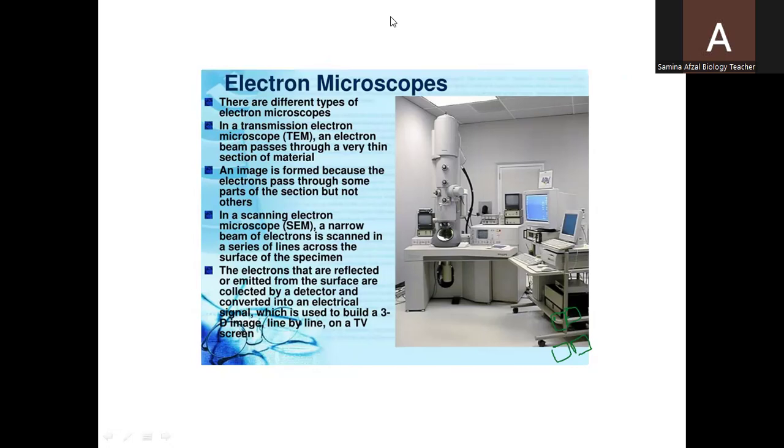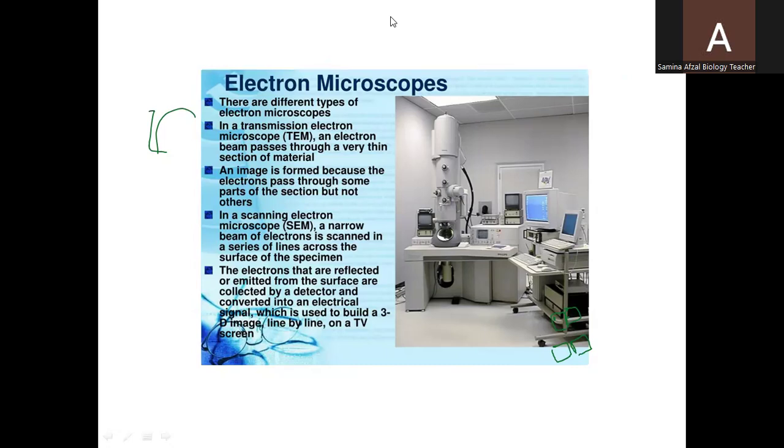It shows the internal structure, the ultrastructure details of those parts through which the electron beam will pass. Only those parts will be visible.